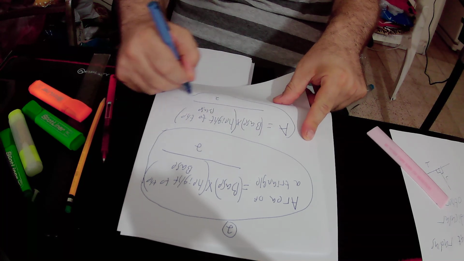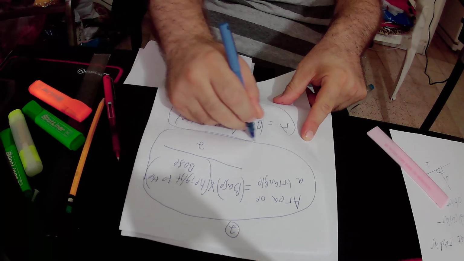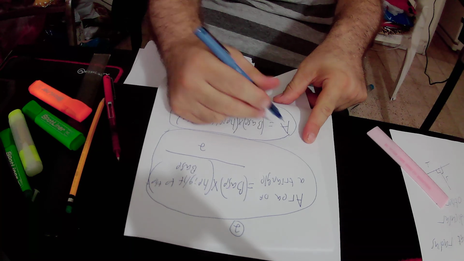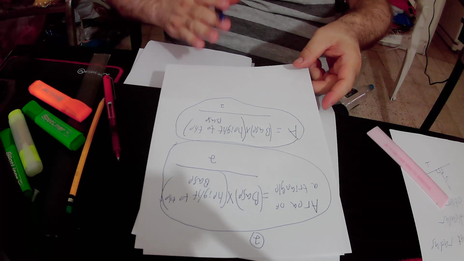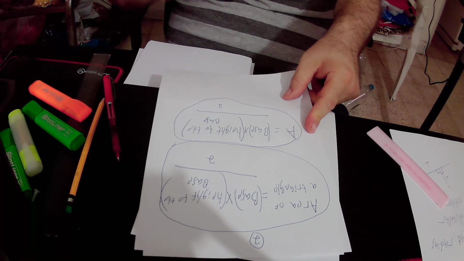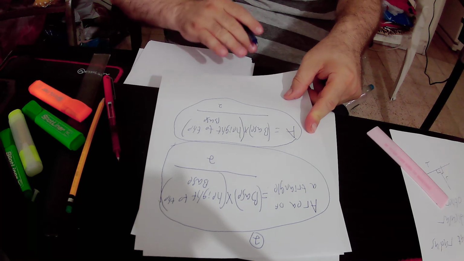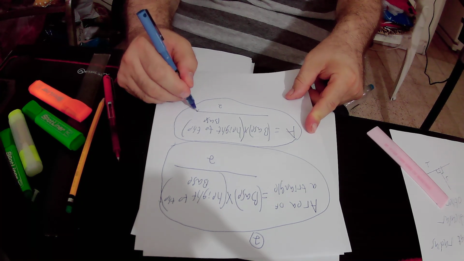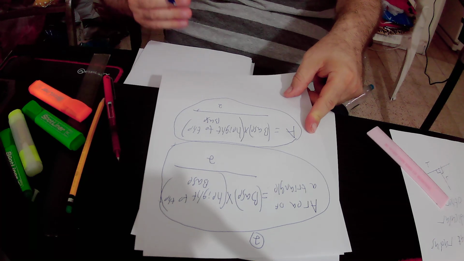This is the formula for the area of any triangle: the base times the height to the base divided by 2 equals the area of a triangle.